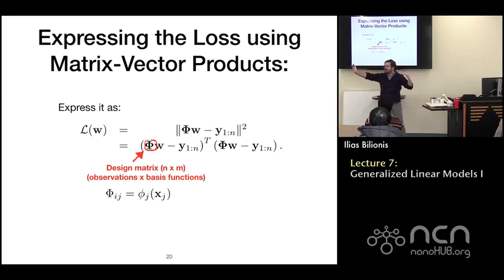And if you multiply it with the weights, like a common matrix vector multiplication, it's going to give you the predictions of your model on each one of the observations. So that's just a convenient way to write it down. But of course, to understand it and to appreciate it, you're going to have to write it down on your own time. But trust me, it's going to look like that.